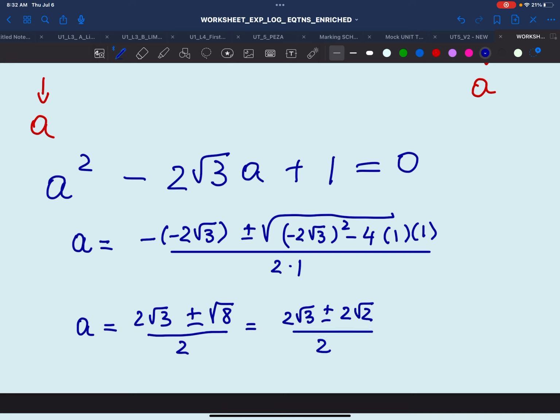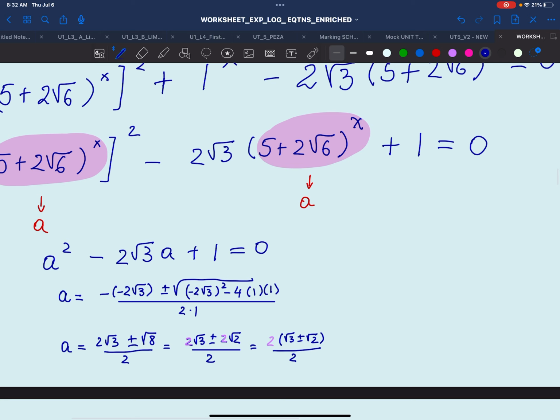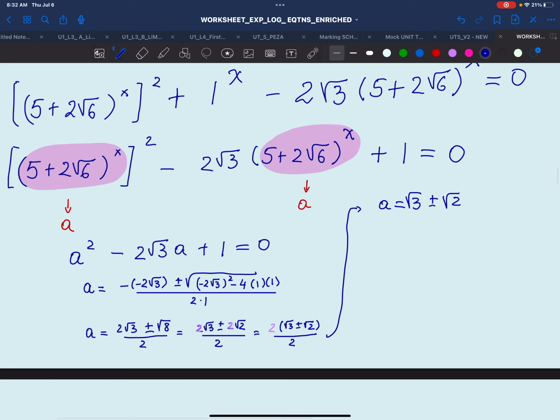Notice that 2 is a common factor in the numerator, which means that we can take it out, and that would be root 3 plus or minus root 2 divided by 2. So in other words, we obtain the value of a equal to root 3 plus or minus root 2. So again, we have to solve for x.